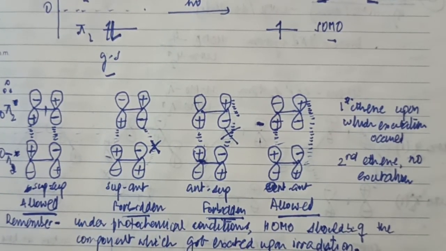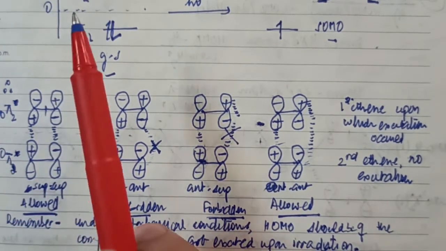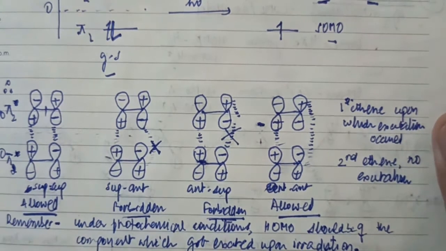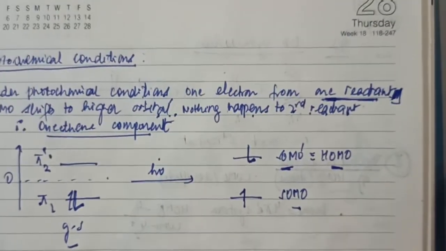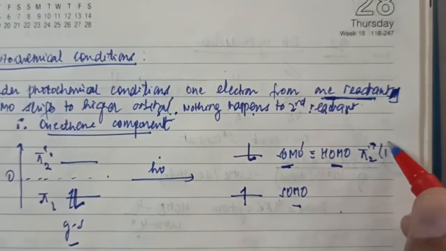Now, to sum it up in a smaller way: when we are taking photochemical conditions, the HOMO always corresponds to the reactant which got photochemically excited. So the HOMO for that reactant should be pi 2 star, which has 1 node.